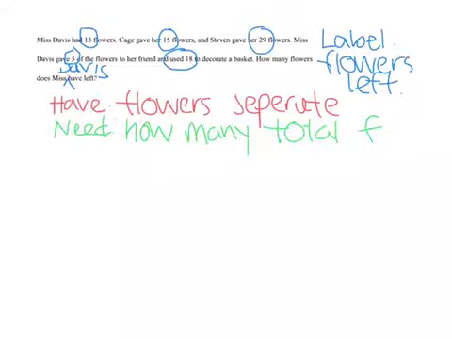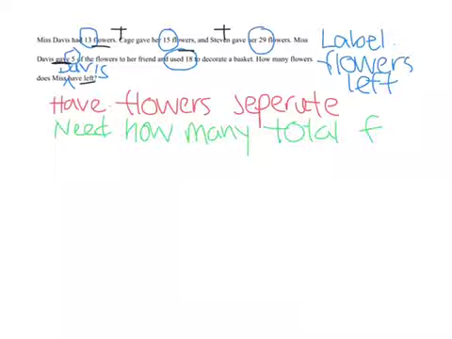All right, now we need to figure out what operation or operations we're going to use. So Miss Davis had 13 flowers. Cage gave her 15. We're going to add. Stephen gave her 29. We're going to add again. Okay, Miss Davis gave 5 of those flowers away. So now we're going to subtract. And she used 18. How many flowers does Miss Davis have left? Okay, so we're going to add, then we're going to add, then we're going to subtract, and subtract again.